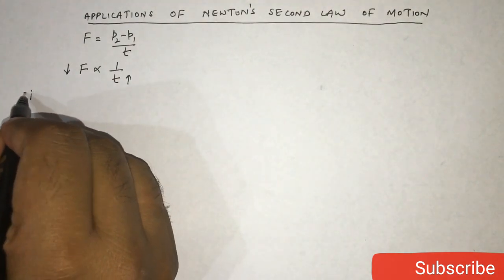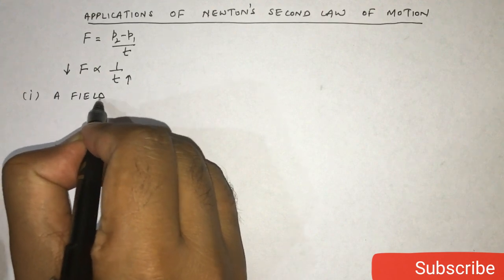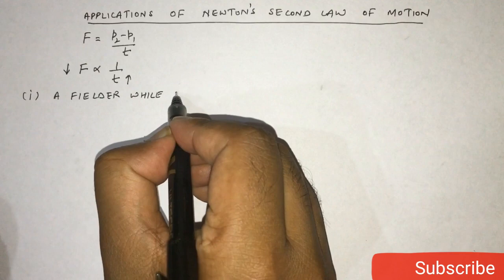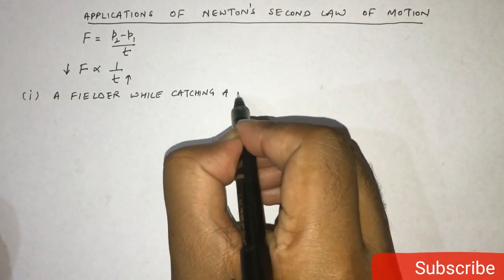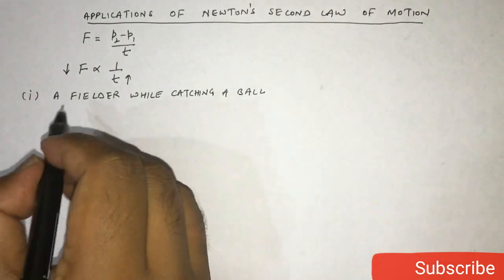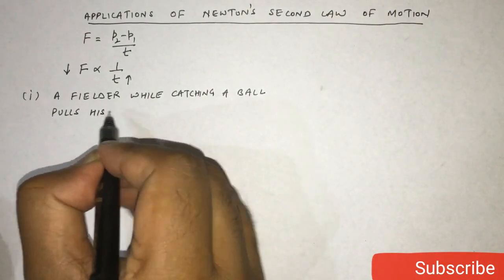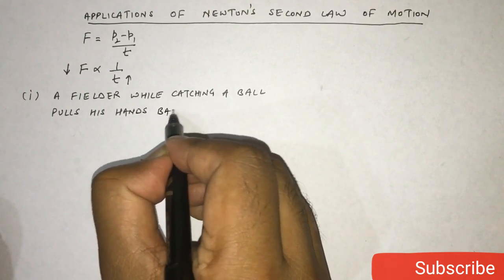The first application is a fielder while catching a ball pulls his hands backward.